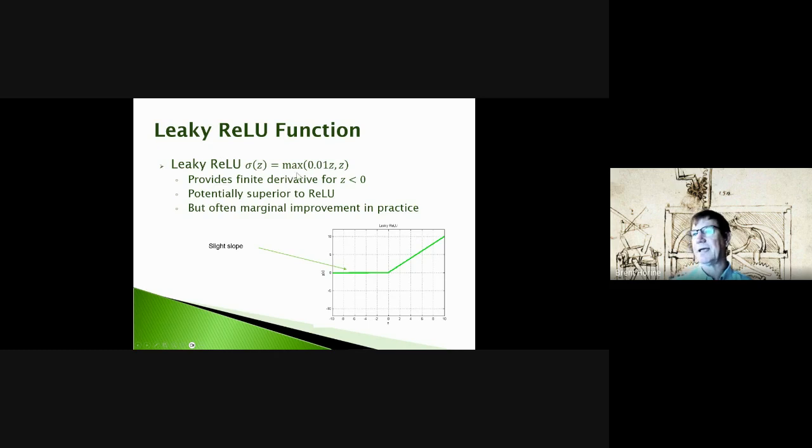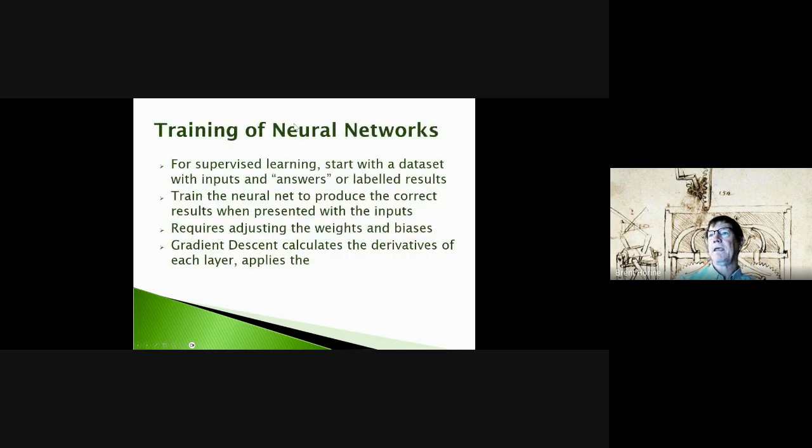We haven't talked about that yet, but we will. So it's potentially superior. How much is it used in practice? I don't know. It's debatable. The improvement is marginal, but you may run into that.